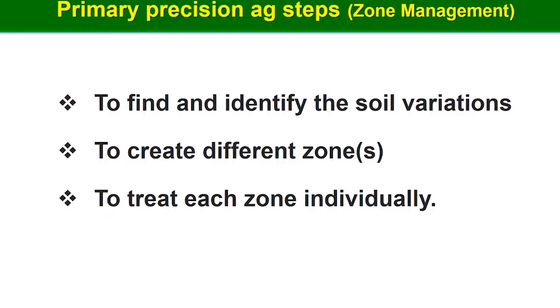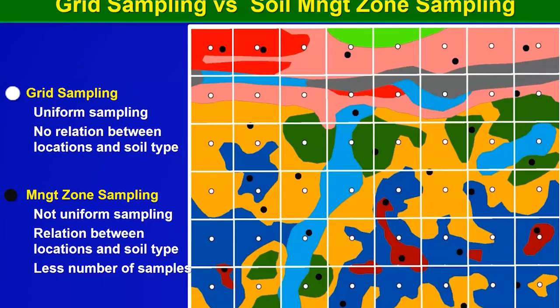So we discussed the primary precision ag steps. Management zones are to find and identify the soil variations, to create different zones and treat each zone separately or individually. We also talked about grid sampling versus management zone sampling.